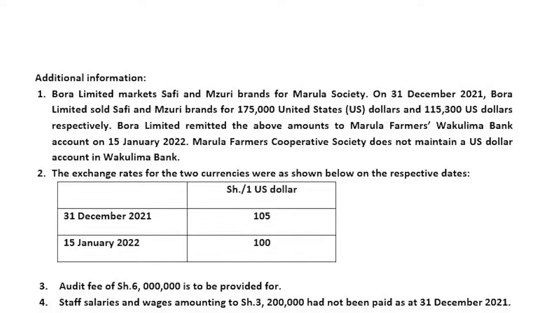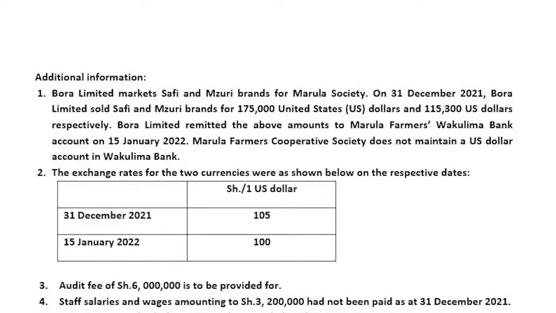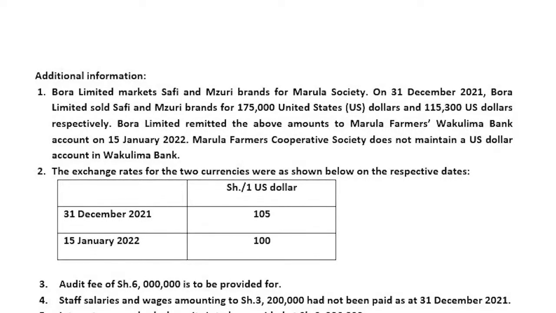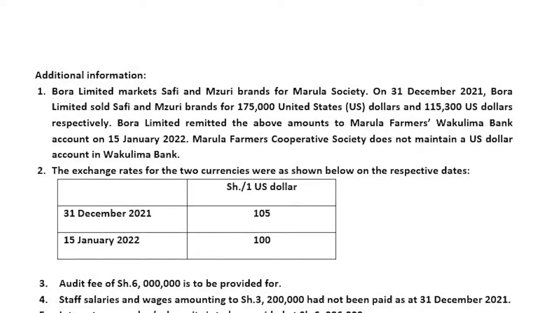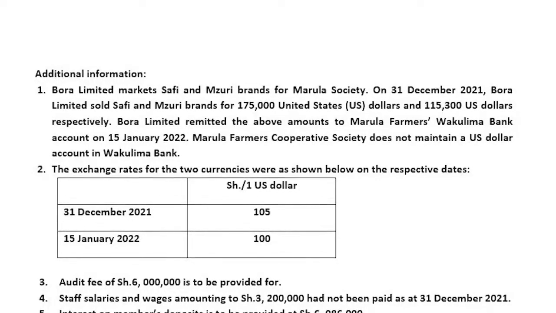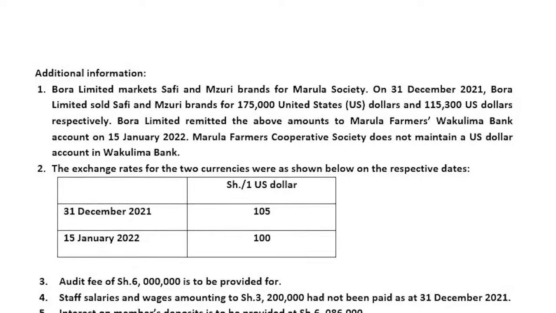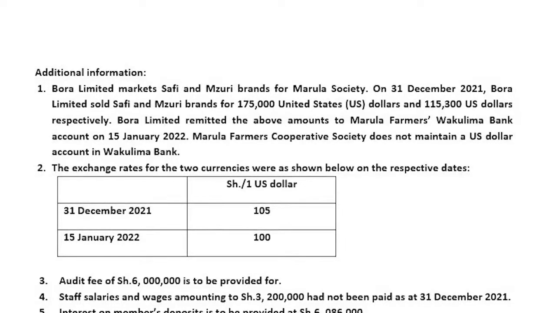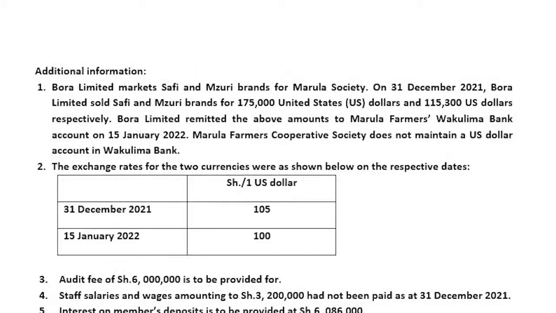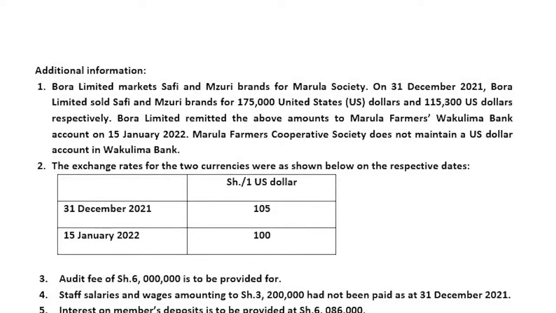So as far as that information is concerned, it is important to note that this company, which is called Bora Limited, which you're told markets Safi and Mzuri brands on behalf of the cooperative society, is like an agency. This is just like KTDA, which is responsible for marketing and selling tea on behalf of various tea factories.